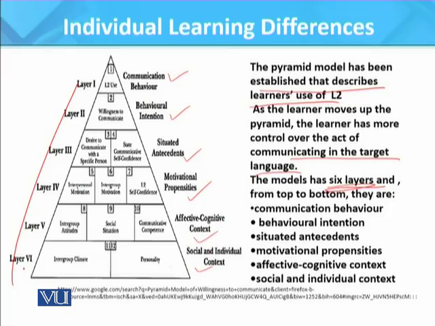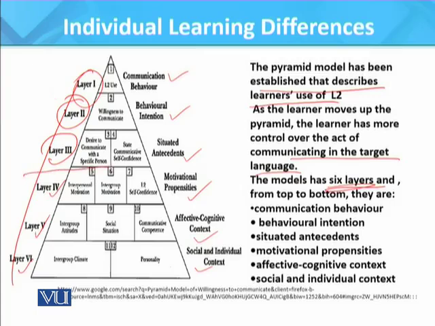It states that layers 6, 5, and 4 are considered to have lasting influences. At layers 3, 2, and 1, the influences on actual second language use are basically in a given situation.